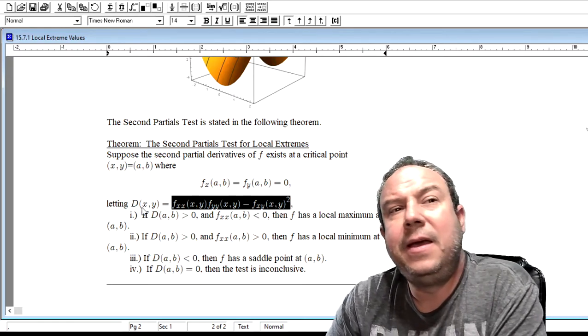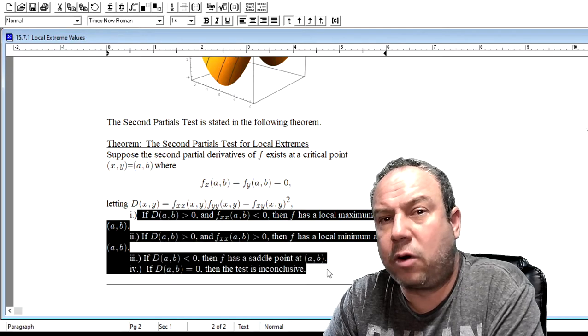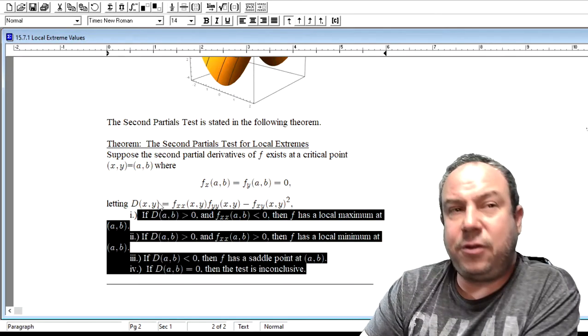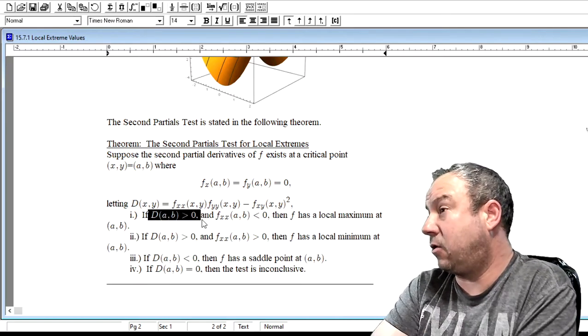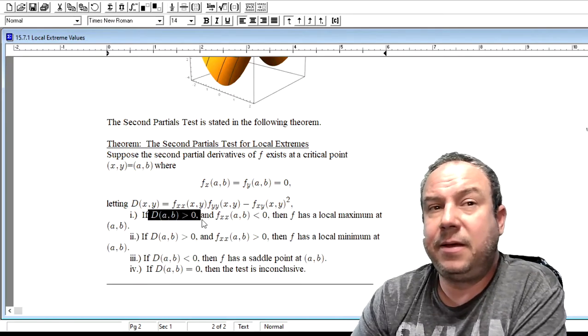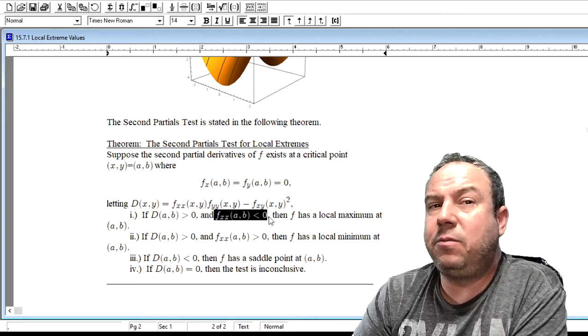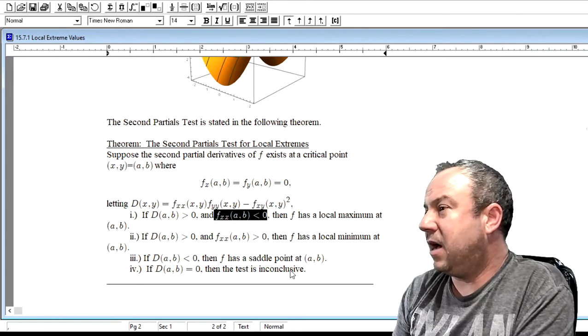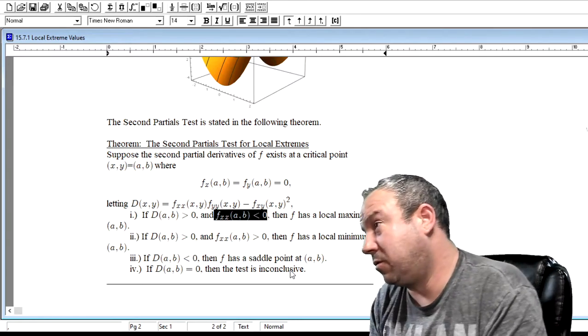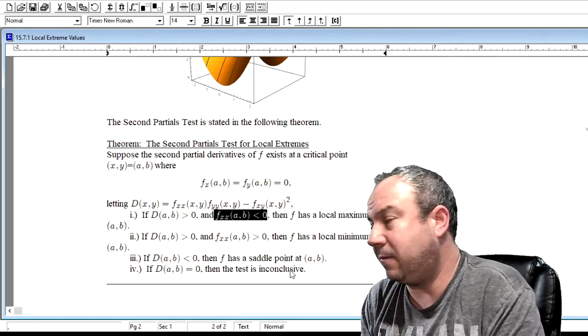You will notice that there are 4 results to the test that depend upon the value of the discriminant at our critical point (a, b), and in some cases the value of our second partial derivative of f at (a, b).